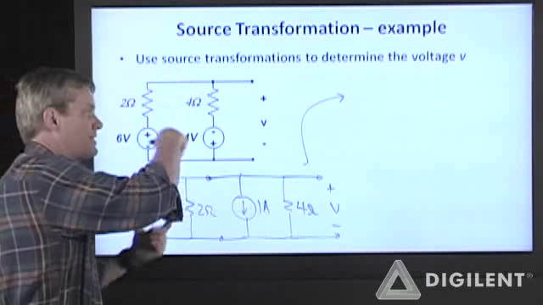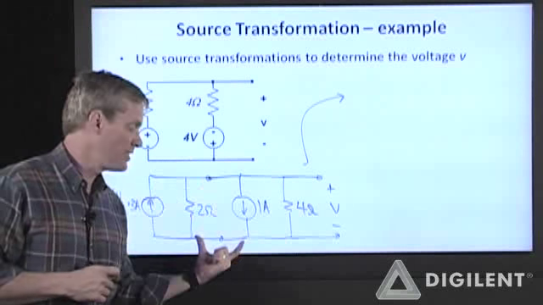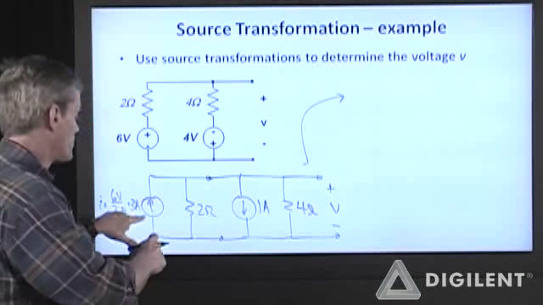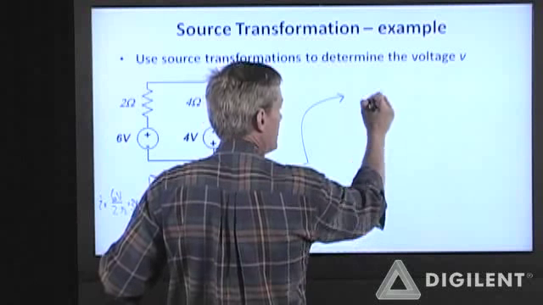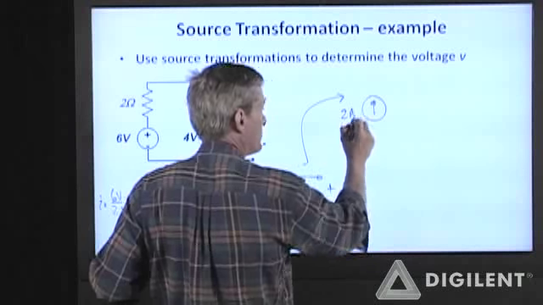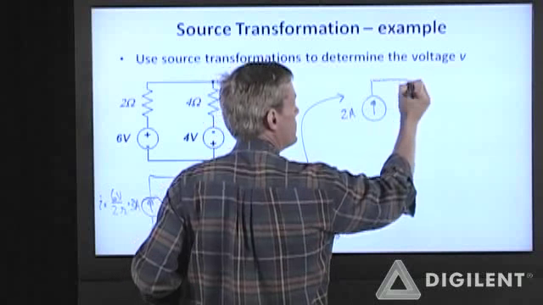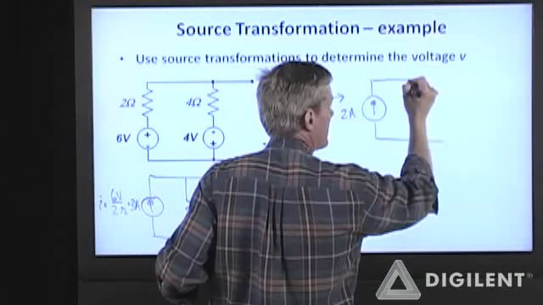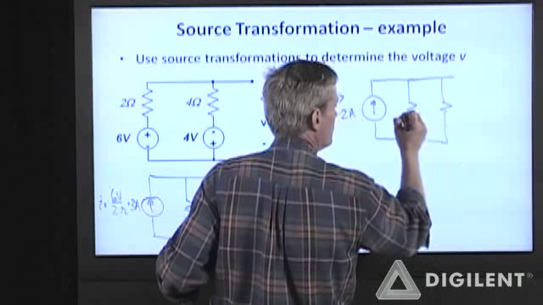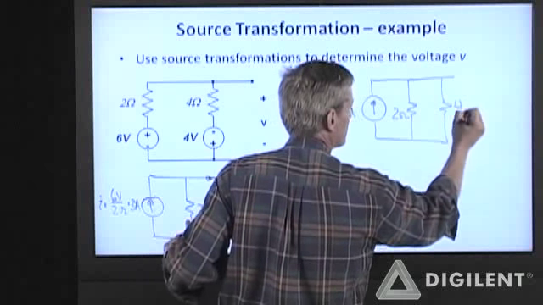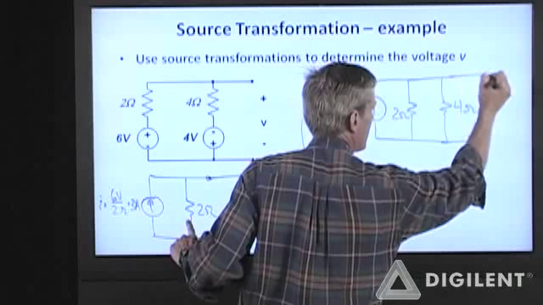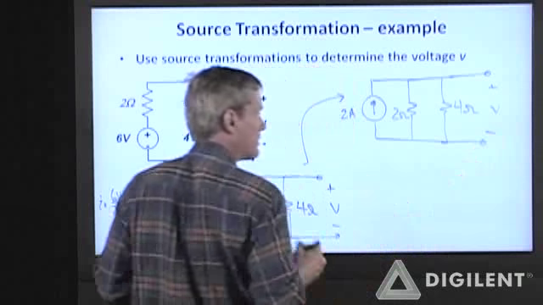This circuit is not directly easily reducible. This one is. So 3 amps minus 1 amp combines to a 2 amp source going in this direction, and I have 2 ohms in parallel with 4 ohms. And this is my voltage.